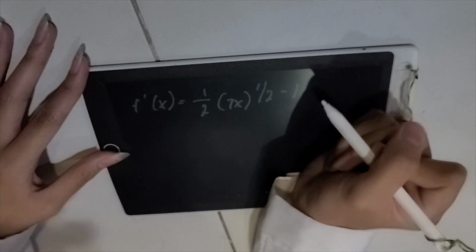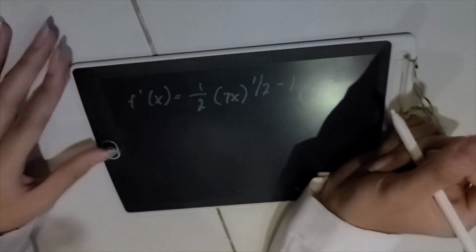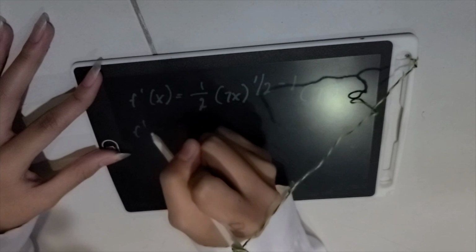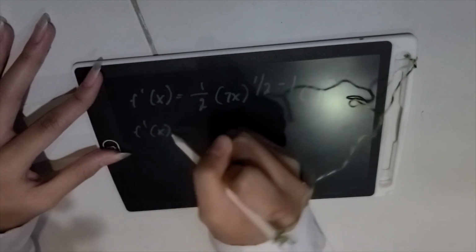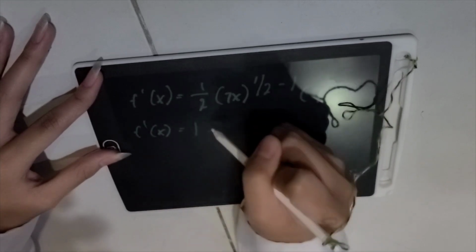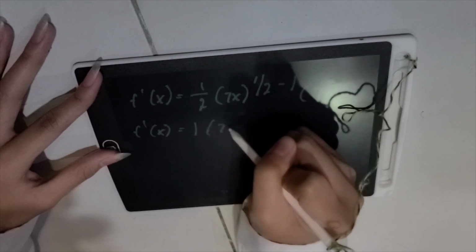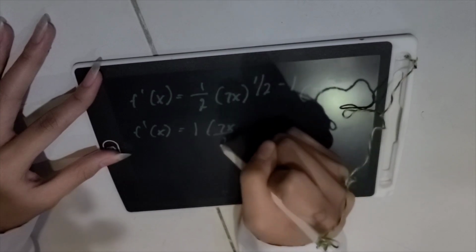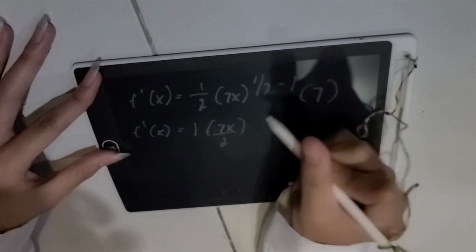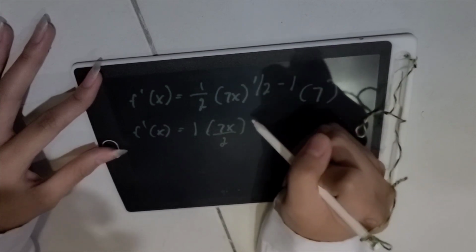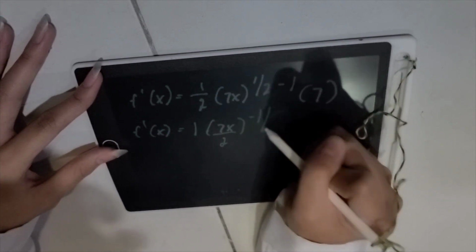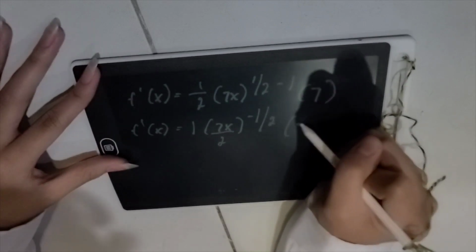minus 1 times 7. Then f of x equals to 1 times 7x over 2. So 1/2 minus 1 is equals to negative 1/2 times 7.